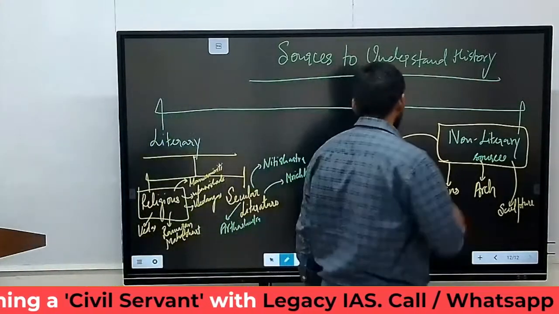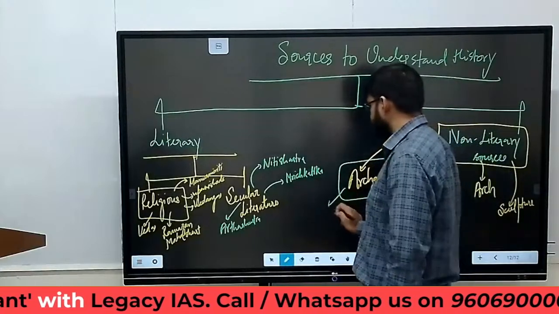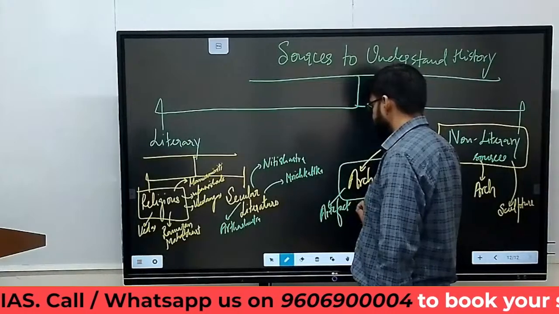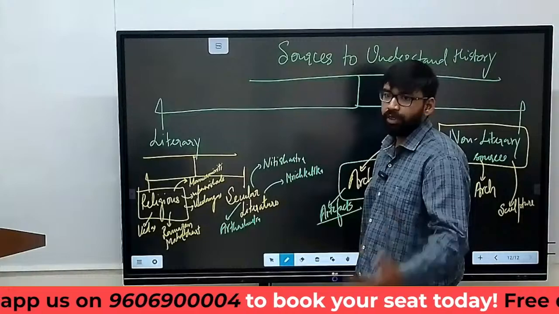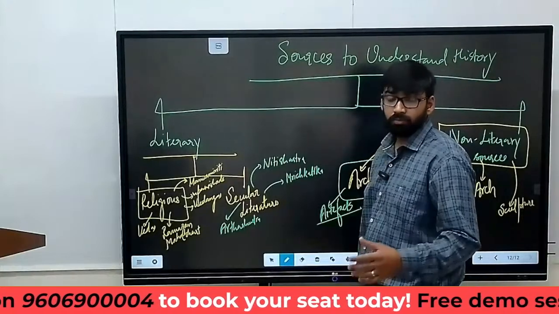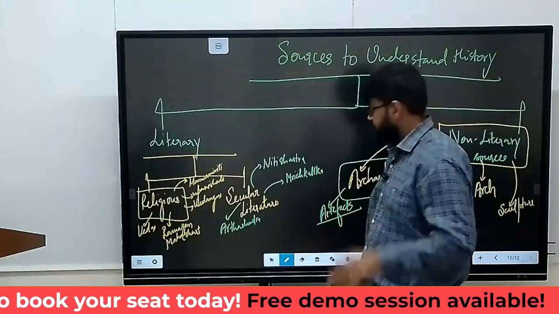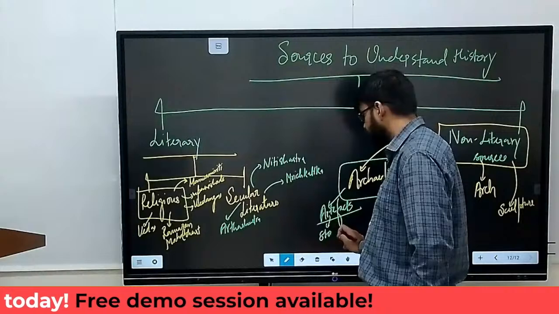Now, archaeological evidences. Archaeological evidences means artifacts. Artifacts like, when we say Stone Age, for the Stone Age no written records are available. So only artifacts. Artifacts like we found stone tools.